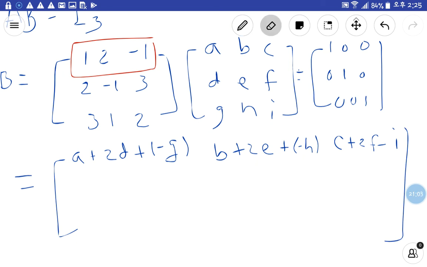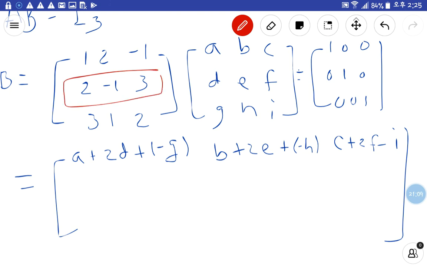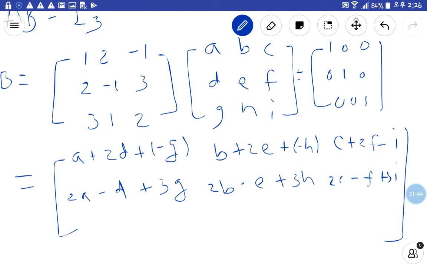And for my second row, I'm going to use my middle row. 2 times a, 2a minus d plus 3g. And 2b minus e plus 3h. Same as 2c minus f plus 3i. And my last one is here.